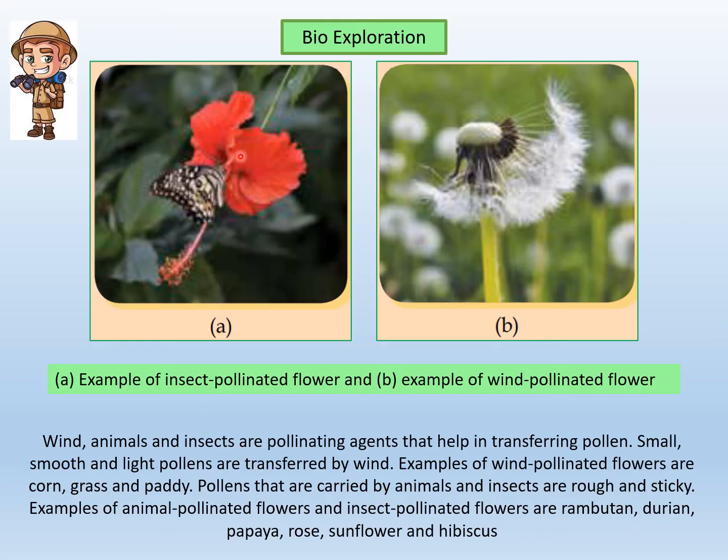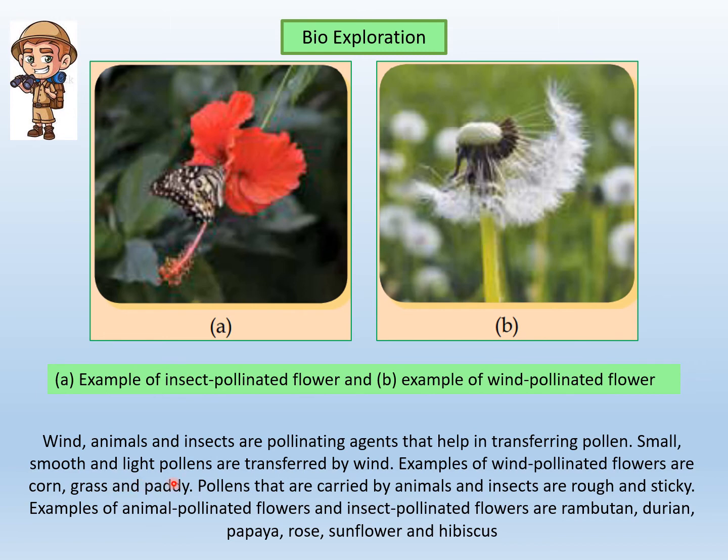Okay, this is an example of an insect-pollinated flower. This A, hibiscus, is pollinated by insects, while the lalang is pollinated by wind. Wind, animals and insects are pollinating agents that help in transferring pollen.